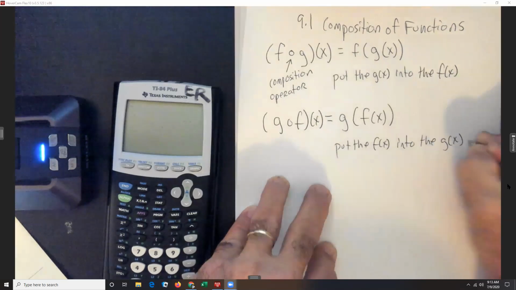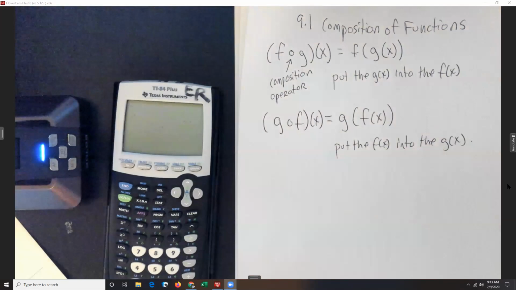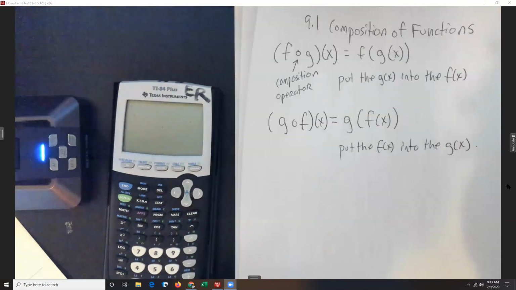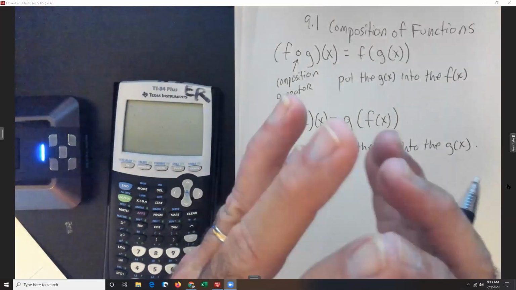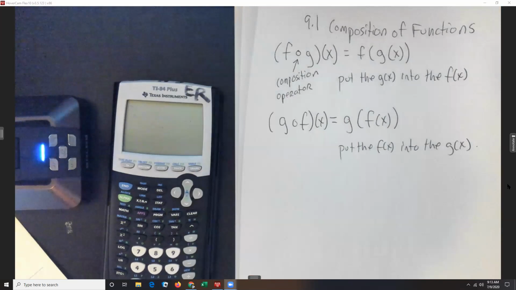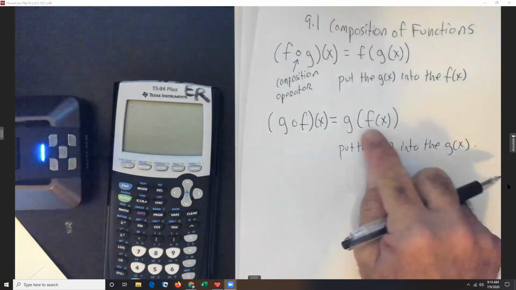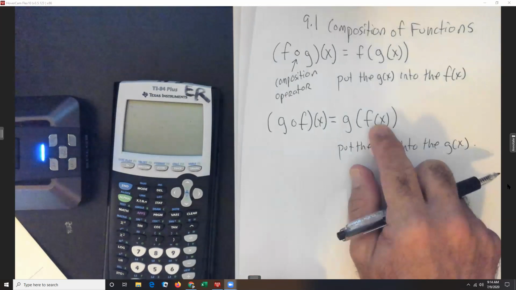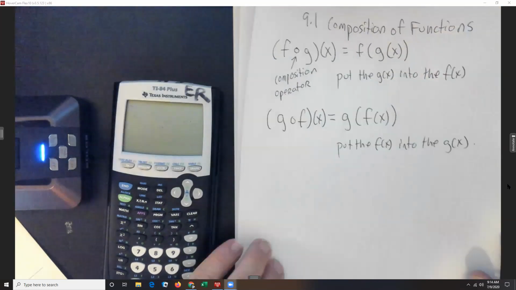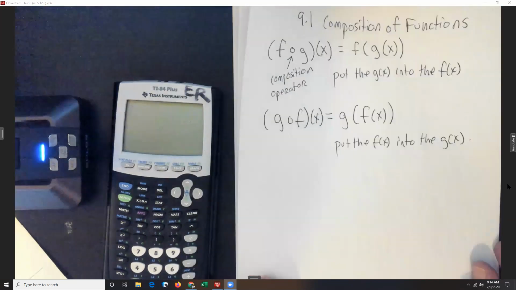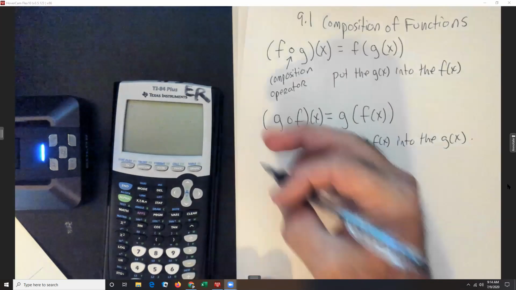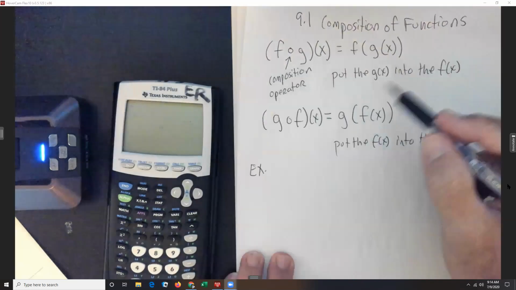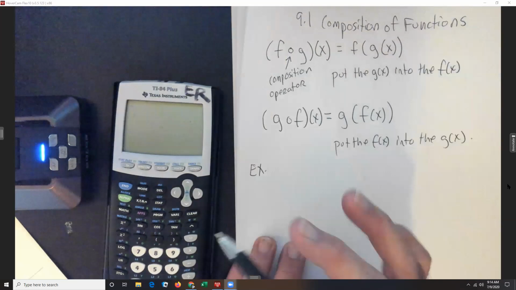Okay, so it's almost like order of operations. You start with the innermost parentheses and work your way out. So I would start with my f of x inside, get that one, and then work my way into the g of x equation. So it's sort of tricky to explain it, but watch me do this problem here.